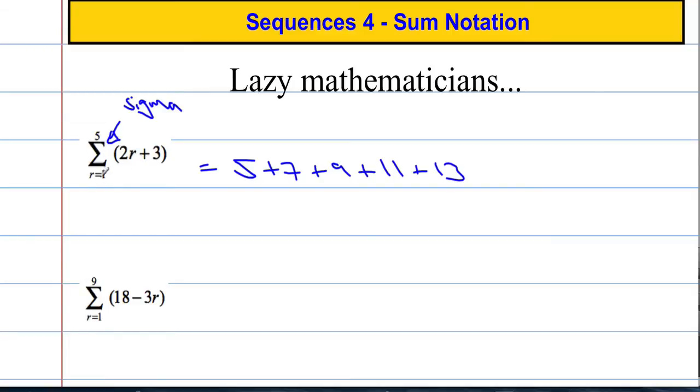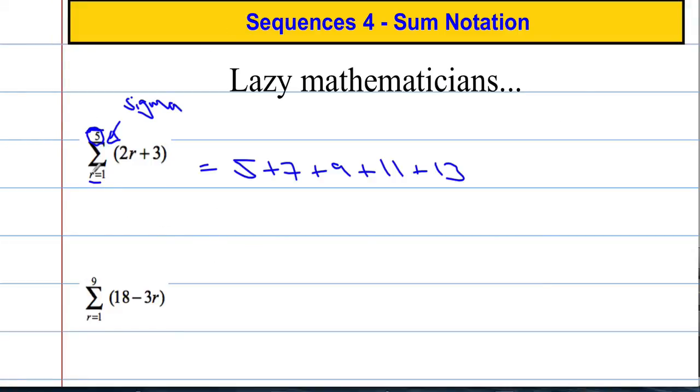The values below and above are increments. It tells me to start when r is equal to 1, put it into this, then add, then increase r to 2, put it into this, add, r equal to 3, and so on and so forth. And we're going to stop at this number here.